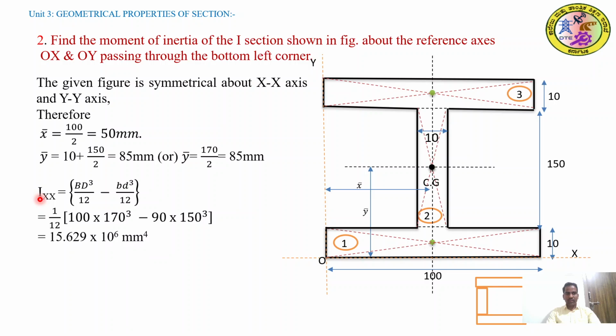To find the moment of inertia about the YY axis, the formula is 2 times the flange moment of inertia plus 1 time the web moment of inertia.